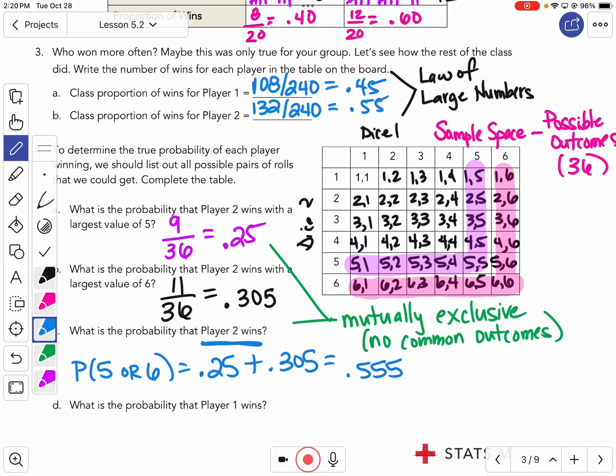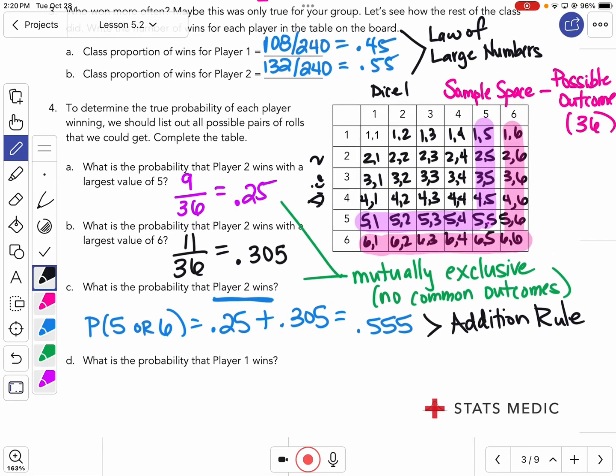It's called the probability of 5 or 6. What we just did is referred to as the addition rule. It works when I have mutually exclusive events, things that don't share outcomes. We can just add them together if we want the probability of either one.